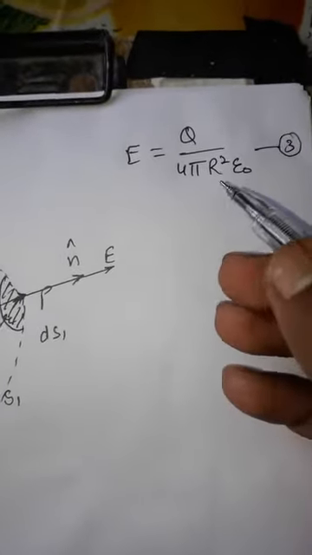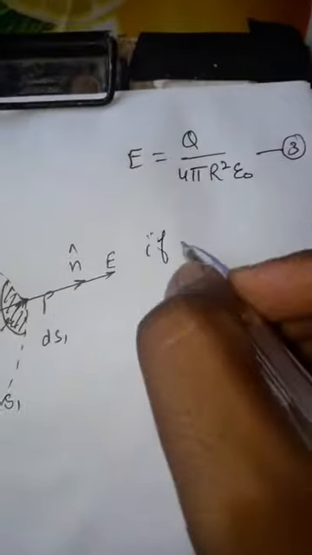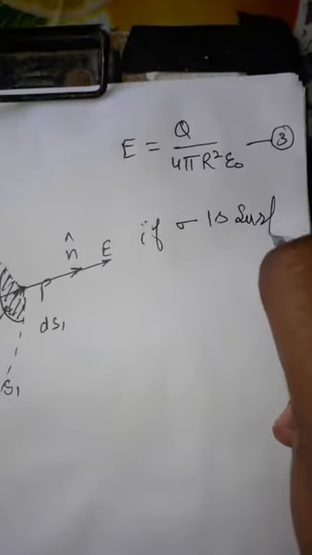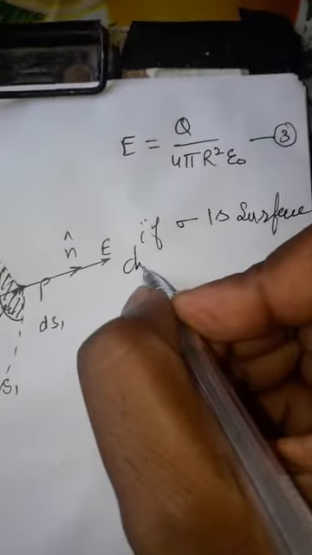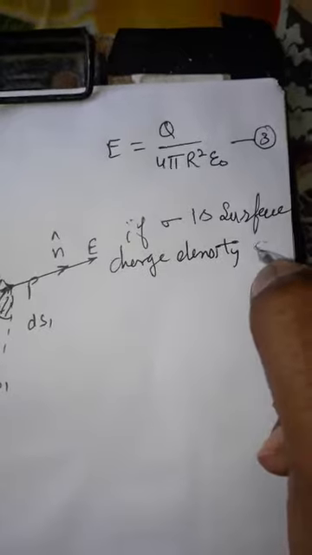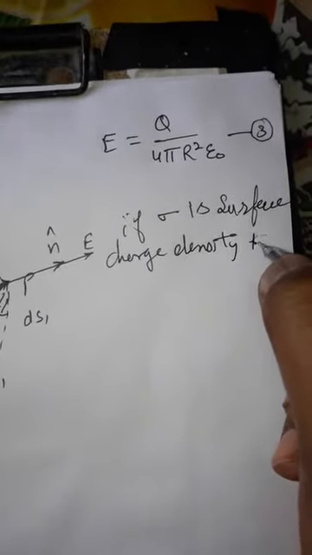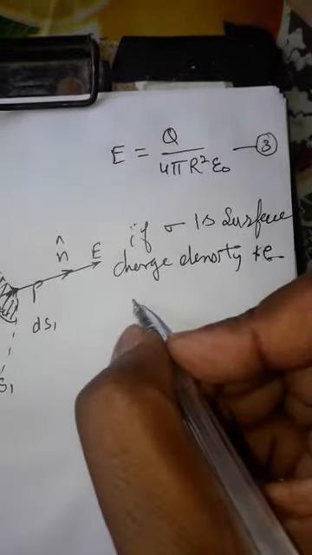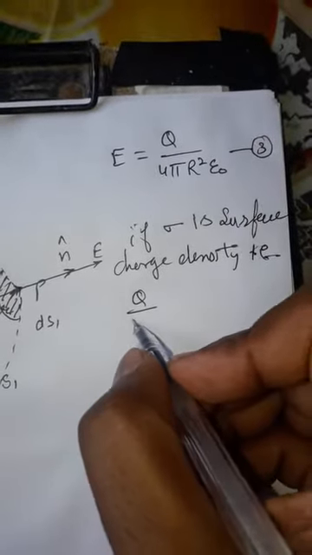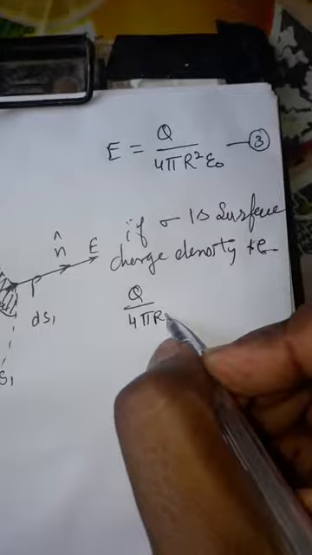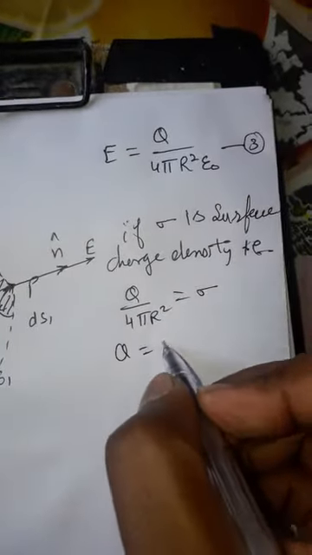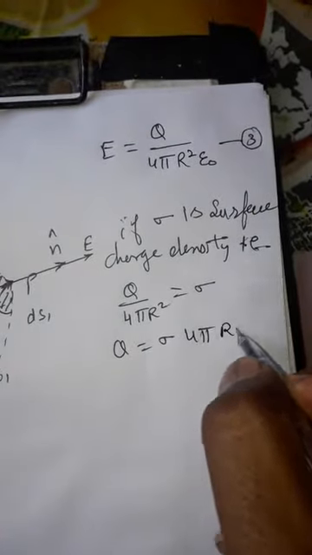Now in this case, if we consider that sigma is the surface charge density, that is Q by the surface area, equal to sigma, so we can say Q must be equal to sigma into 4 pi R square.